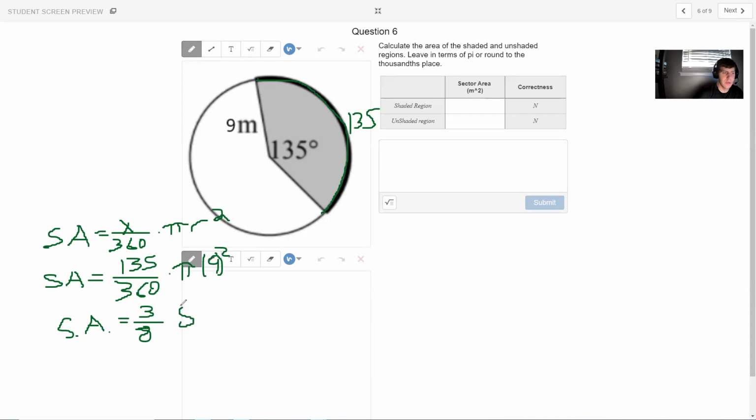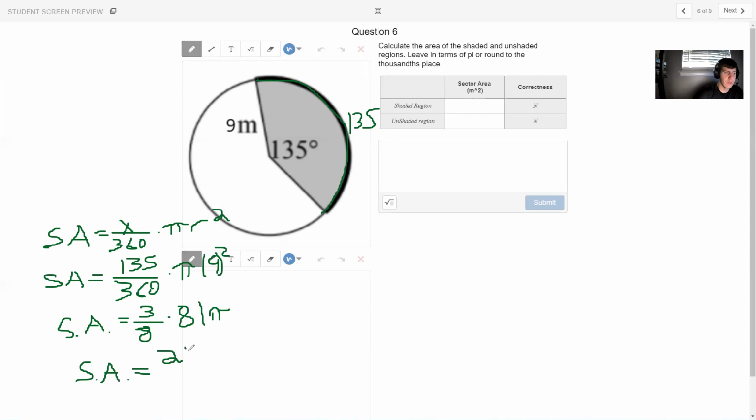Okay, and then the 81 pi would be your area. So we want 3/8 of 81 pi. Let's see, that's 243/8. So again, you can put it in the calculator, get a decimal, that's fine. I'm going to leave it as a fraction though.